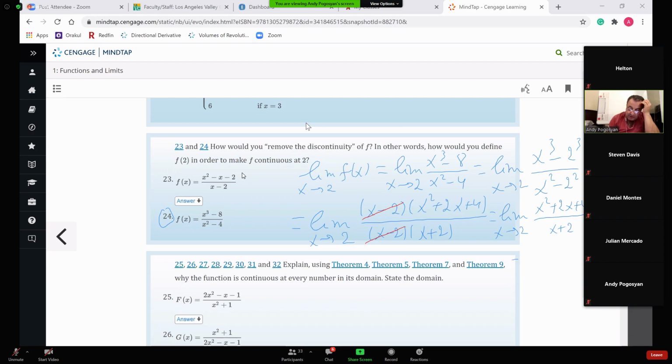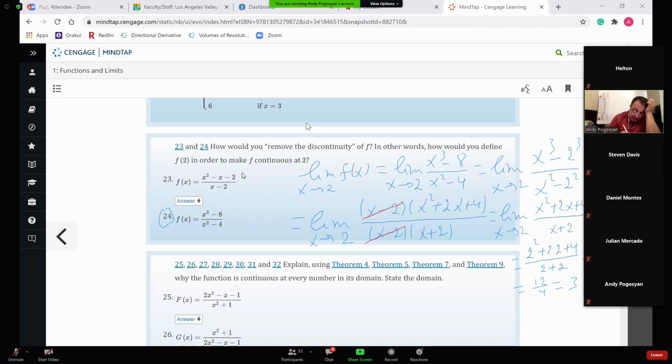And 2 is in the domain, just substitute. 2 squared plus 2 times 2 plus 4 over 2 plus 2 equals, so 4 plus 4 is 8, 12 divided by 4 equals 3. So the limit exists and equals 3.